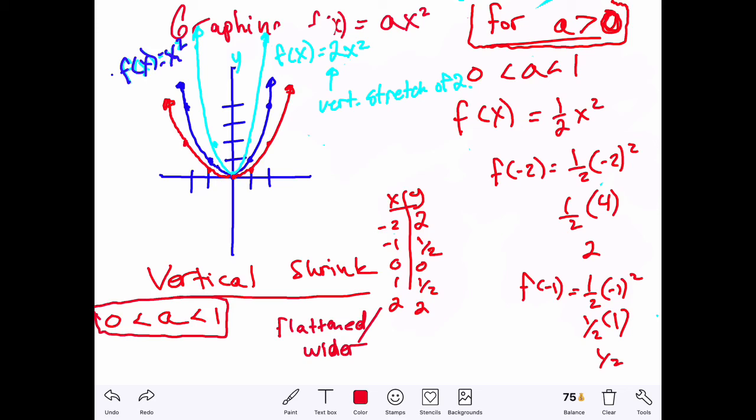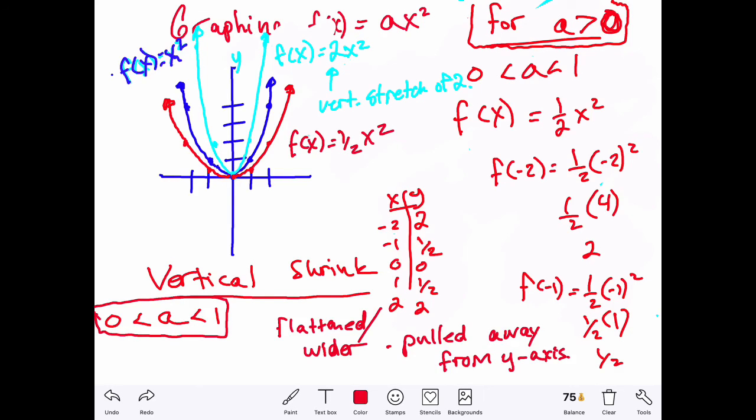Vertical shrink pulled the graph of ax squared away from the y-axis. So vertical stretch pulls it towards the y-axis, and vertical shrink pulls it away from the y-axis. That would be, say, f of x equals 1/2 x squared.